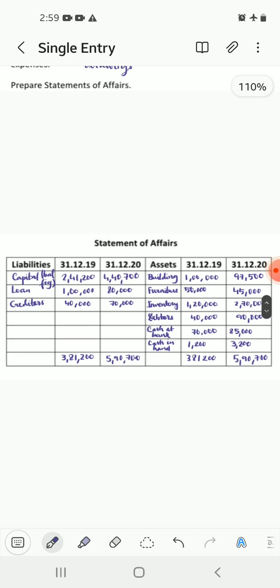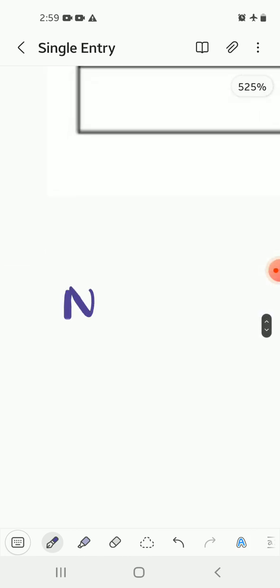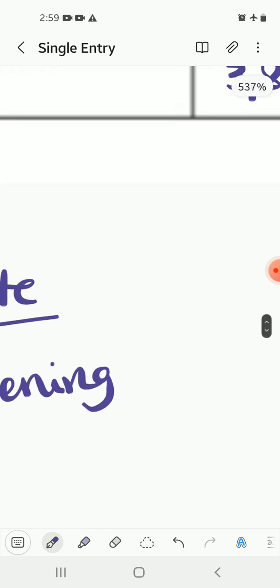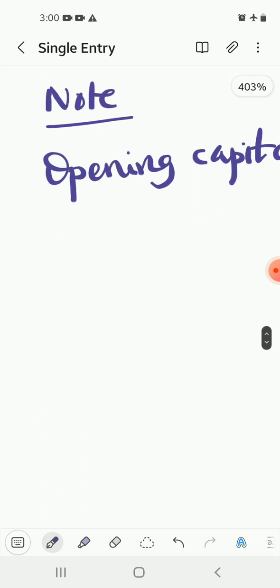Now remember that the increase in capital is not only because of net profit. So let's write a note. The opening capital is the capital with which we are beginning the year, and the capital with which we are ending the year is the closing capital.